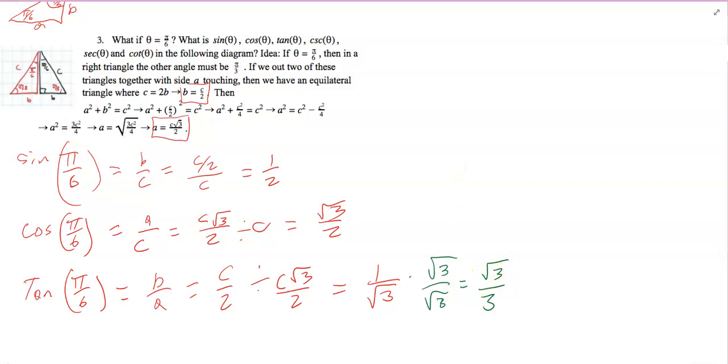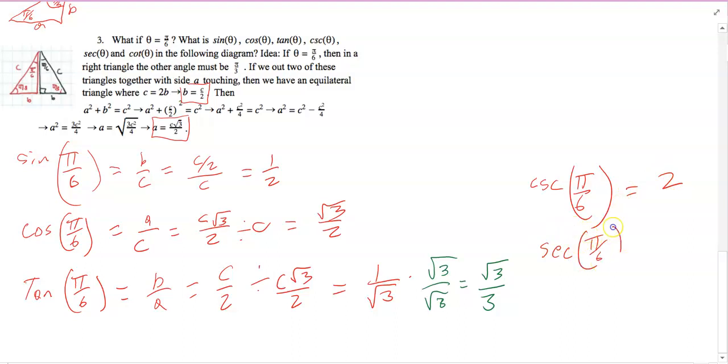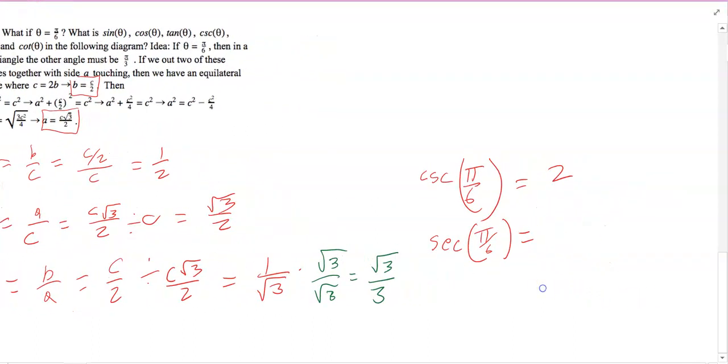Okay, let's look at the reciprocal functions. Cosecant of pi over 6 is 1 over 1/2, which should be equal to 2. Secant of pi over 6 is equal to 1 over root 3 over 2, which should be equal to 2 over root 3.